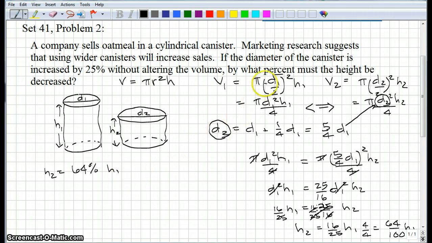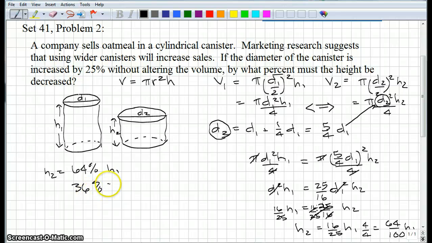But we wanted to know, we had a certain original height, and we had to decrease it by a certain amount to get it down to 64% of its original height. So what is that percent decrease? Well, we had to decrease it by 36%, because it was originally 100% of H1 and now it's 64% of H1.